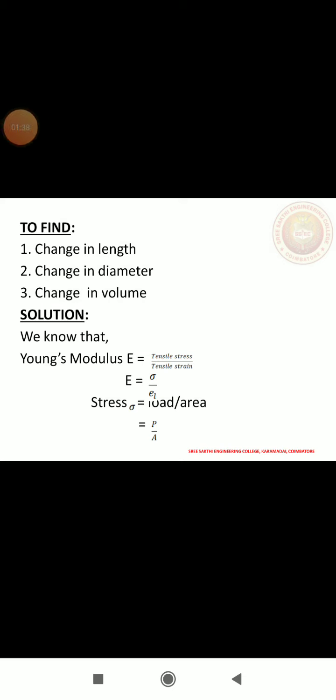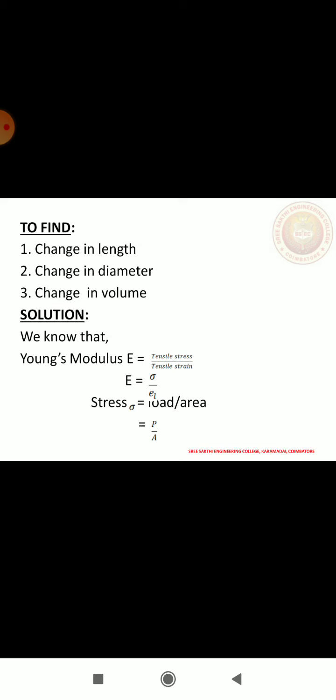In this problem, we have to calculate the change in length, change in diameter and change in volume. For this, we know Young's modulus equation, E equal to tensile stress by tensile strain.